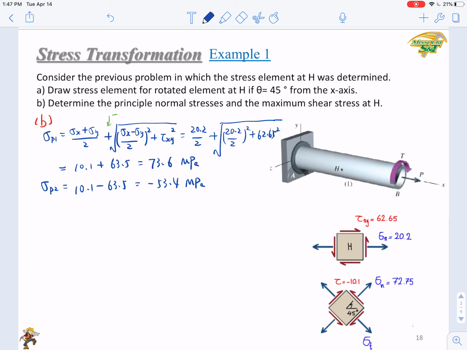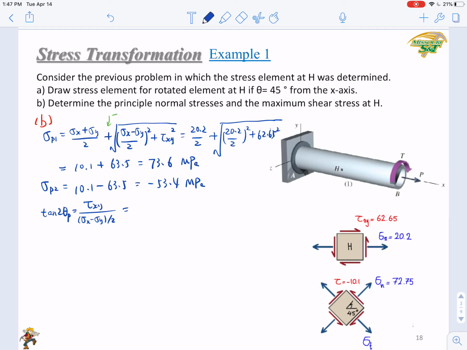To find the location, we can use the other equation: tangent 2 theta p equals tau xy over sigma x minus sigma y over 2.